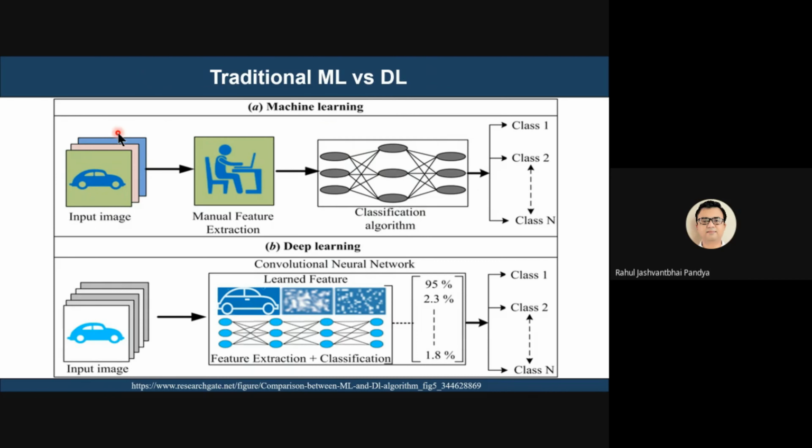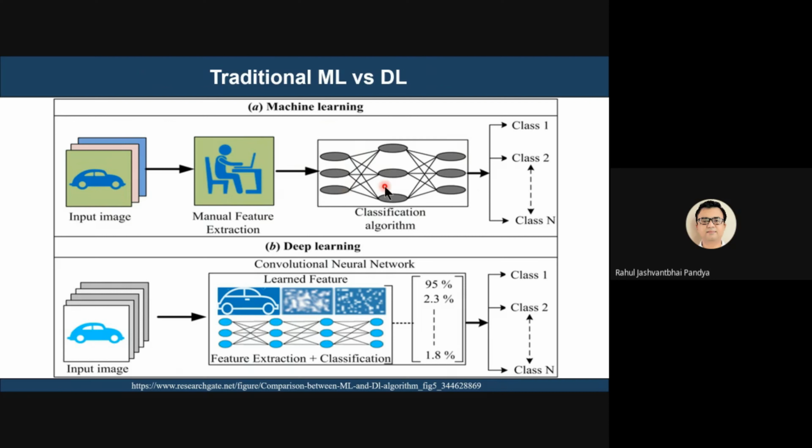A bus could be a bit longer than the car, and a scooter could be a smaller version, right? So this length can be taken as a feature, and we have to manually extract it and give it to the classification algorithm based on the input data.